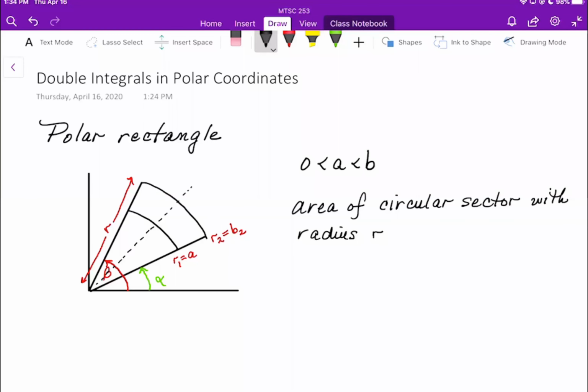We can call that theta. And that's the central angle.